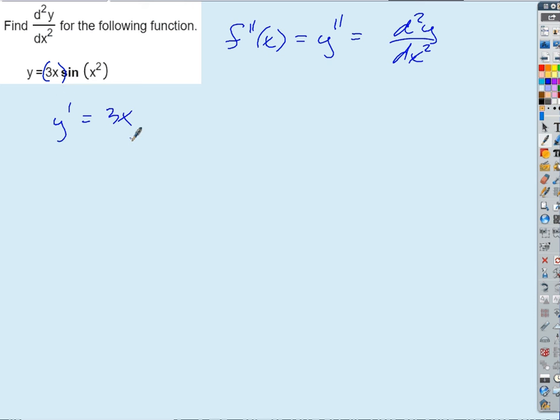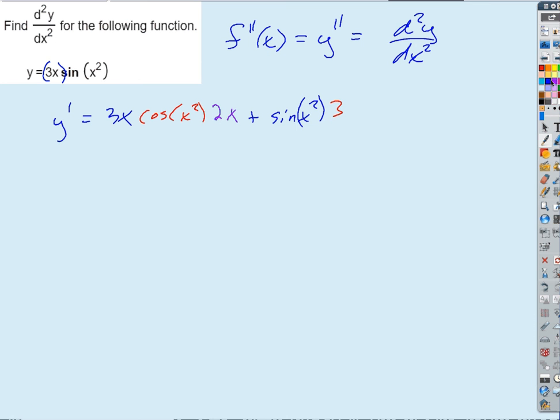So we're gonna get 3x times the derivative of sine x squared, which is a chain rule issue, right? So the derivative of sine x squared is cosine x squared, and then the derivative of x squared is 2x. Okay, good. And then we get plus sine x squared times 3.